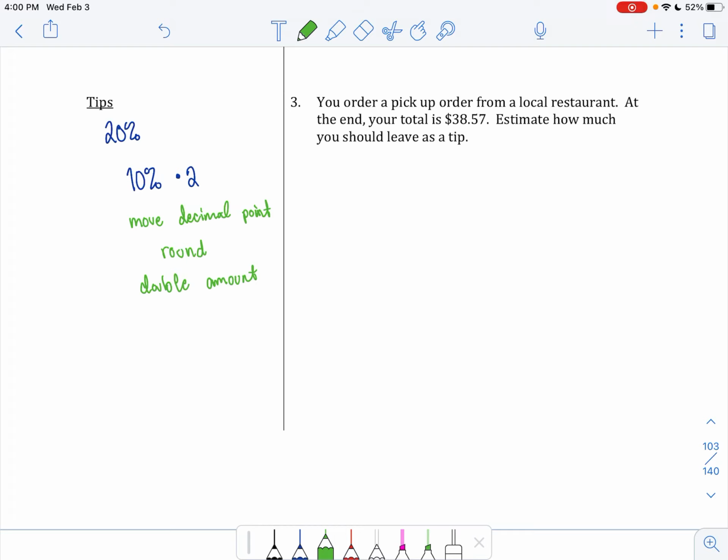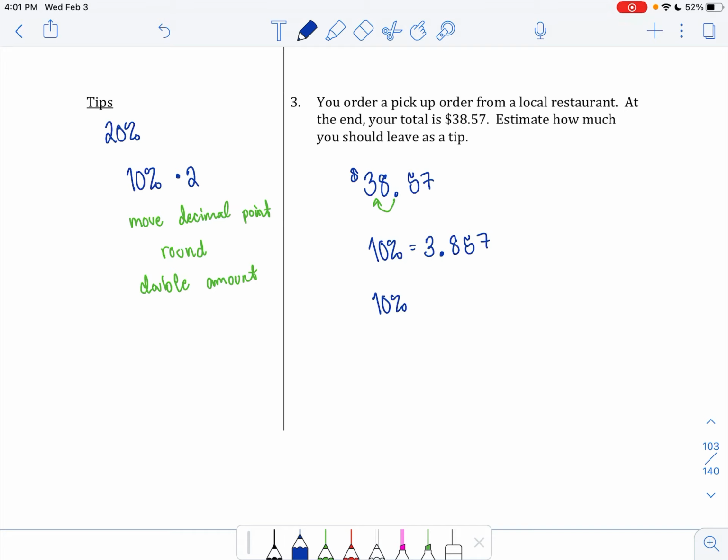So in this case, looking at number 3, you order a pickup order from a local restaurant. At the end, your total is $38.57. Estimate how much you should leave as a tip. The first thing we want to do is just move that decimal point, and this tells us that 10% is equal to $3.857. Now, obviously, this is something we don't want to necessarily multiply by 2 in our head, so this is the point where I round this.